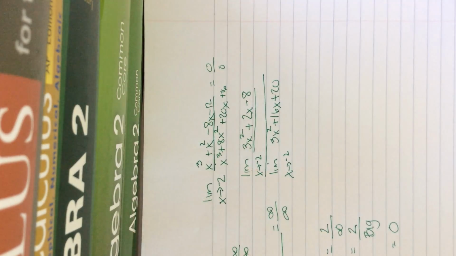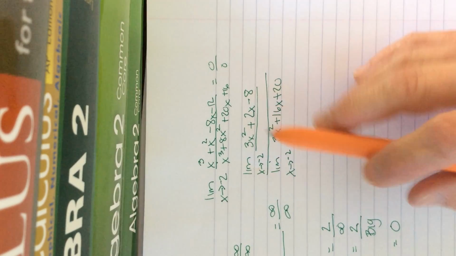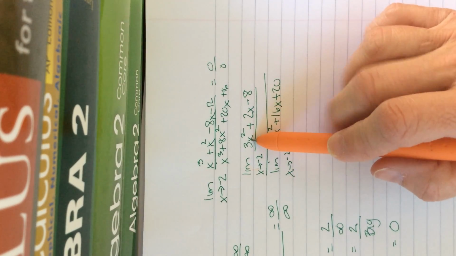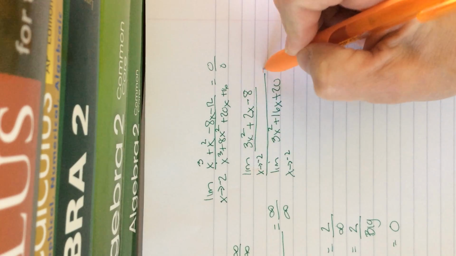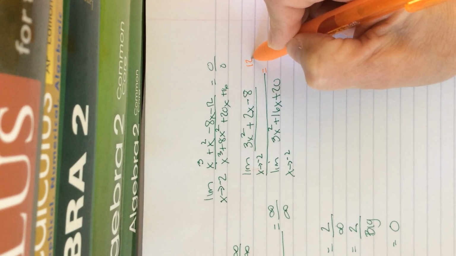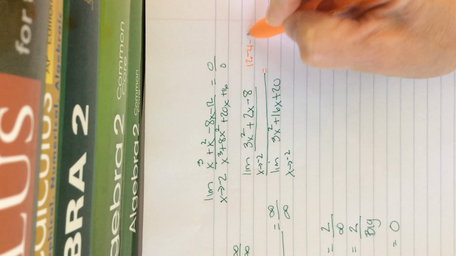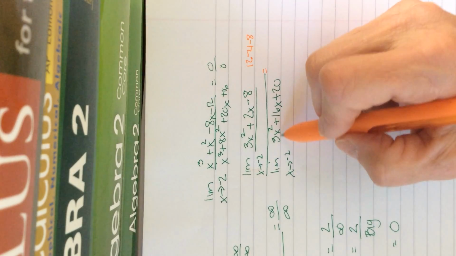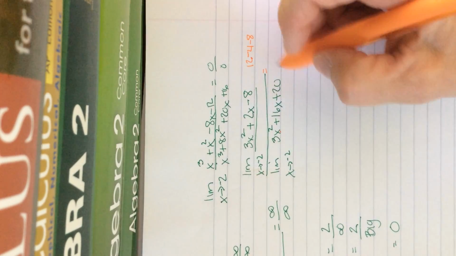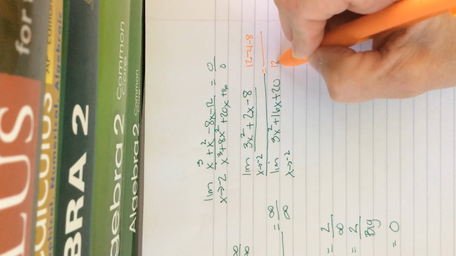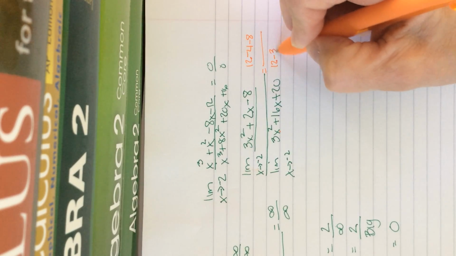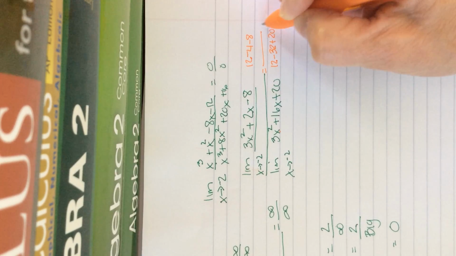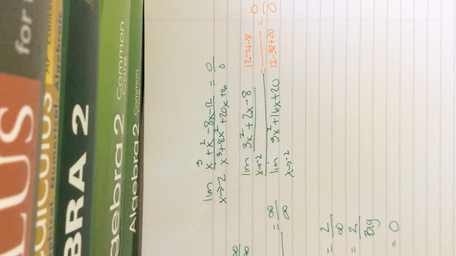If I substitute negative 2 here, I'm going to get 12 minus 4 minus 8. And in my denominator, I get 12 minus 32 plus 20. And that's still 0 over 0.